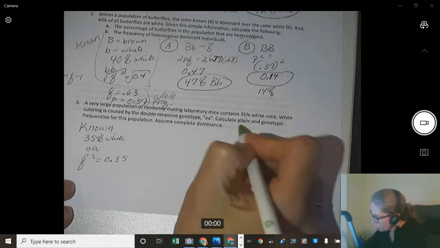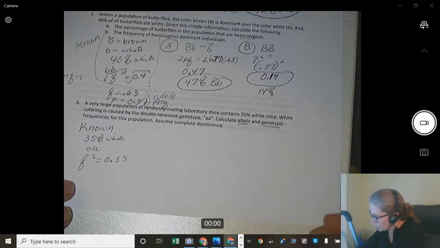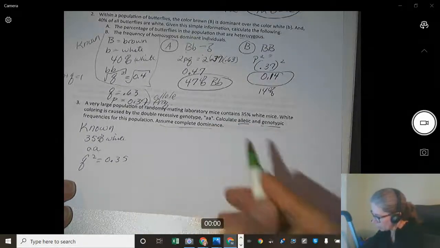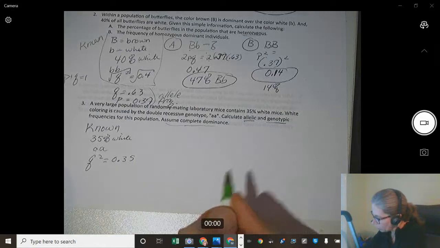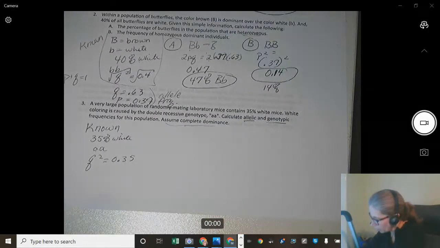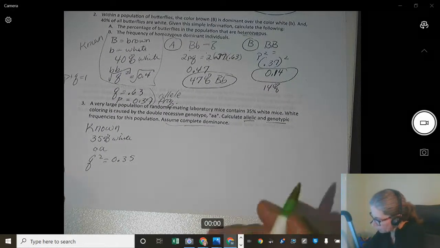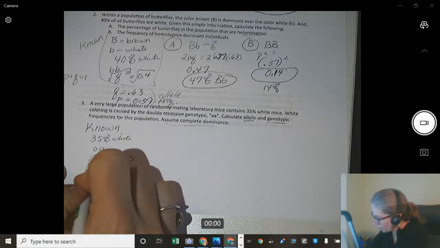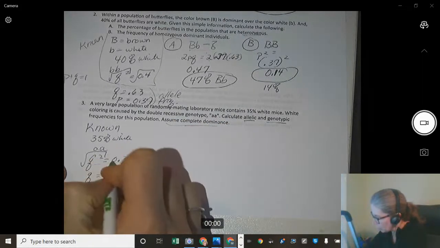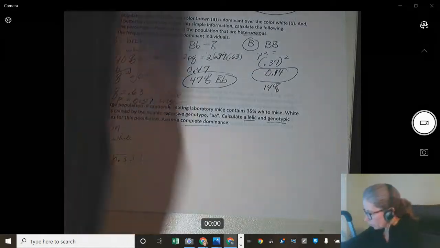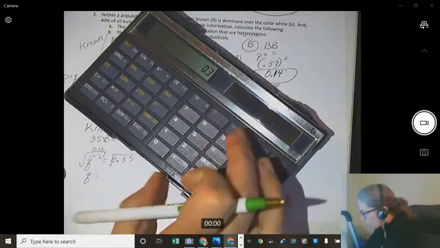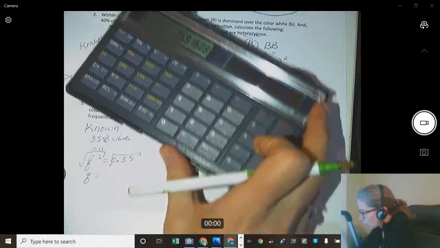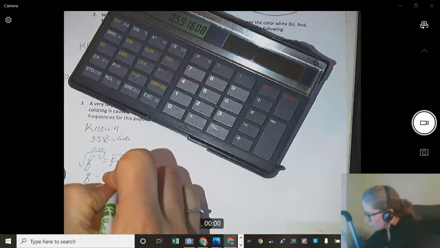Calculate the allelic frequencies and the genotypic frequencies in this population. Complete dominance just means that little a would be white and big A would be whatever the color is, brown or whatever. So if Q squared is 0.35, I can figure out Q by taking the square root of both sides. The square root of 0.35 is 0.59.